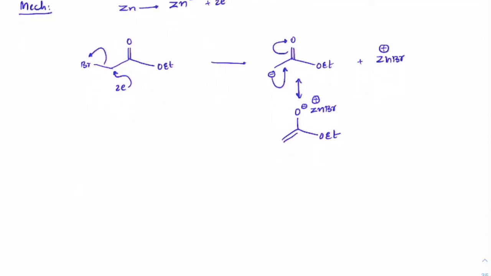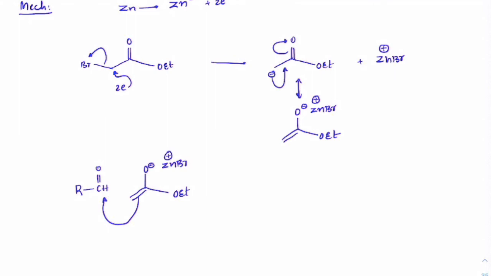Now once you have the enolate, it will act like the nucleophile which can attack the RC double bond O which is present. So this enolate would be reacting, so it will attack here. You have ZnBr plus. Got it?